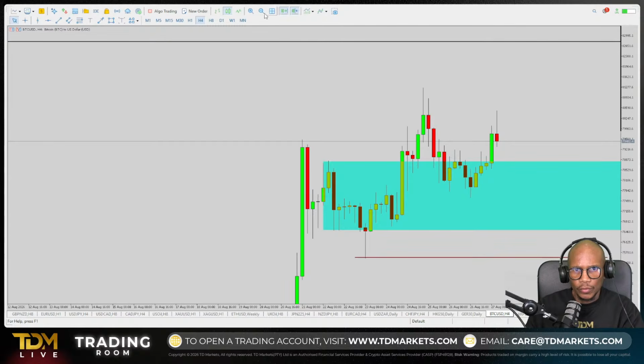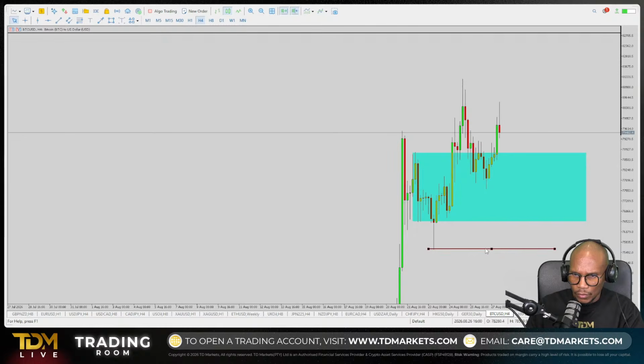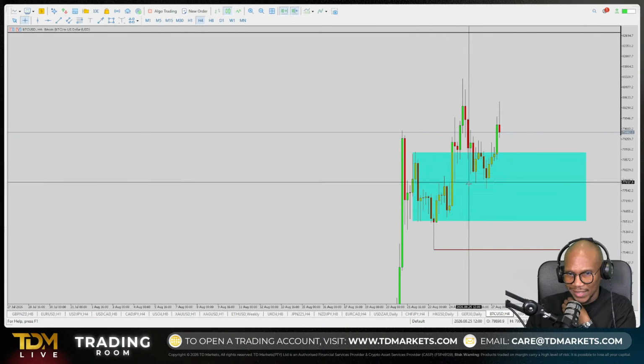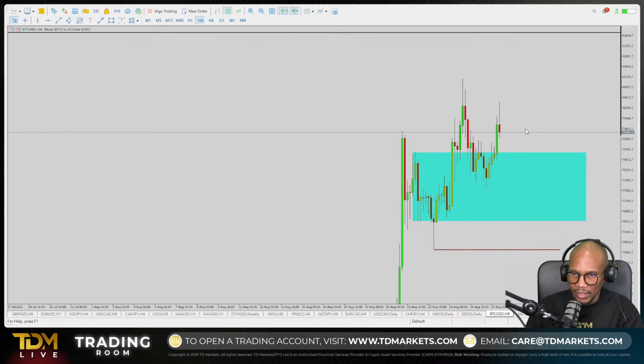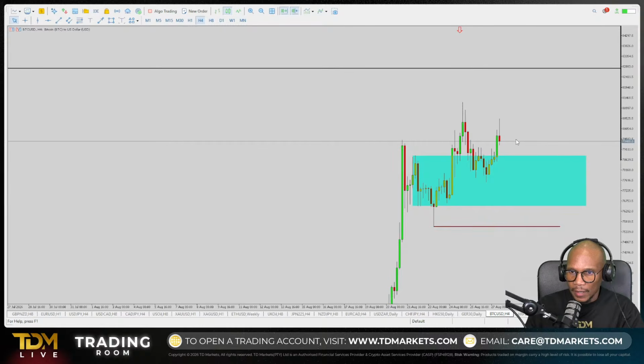Okay, so let's do this, right? Obviously, like I said, Bitcoin is still bullish. This is the current structure we're seeing, this is the current price action we're seeing, all right? This is the same as what the yen pairs are doing, in a sense that we have this low here, right?